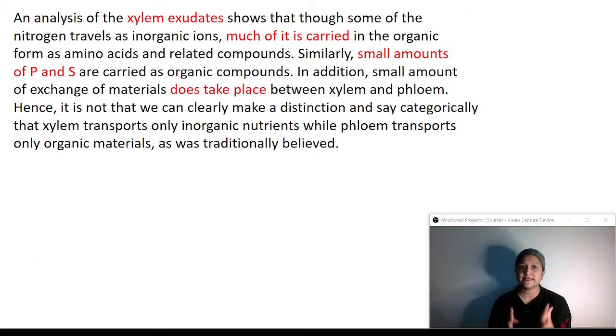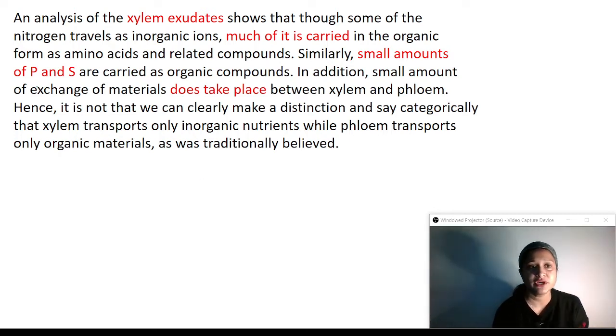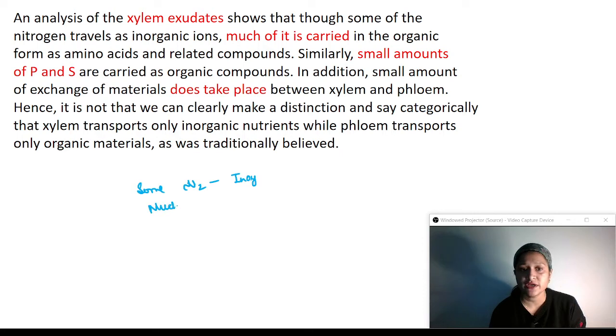If you analyze the xylem exudates, ठीक है, आपको xylem के exudates निकाल के you analyze इसमें what is present. So what you will see is that some of the nitrogen travels in the inorganic form, okay, but much of the nitrogen is carried in the organic form. Fine.